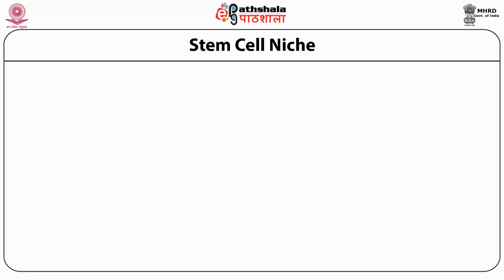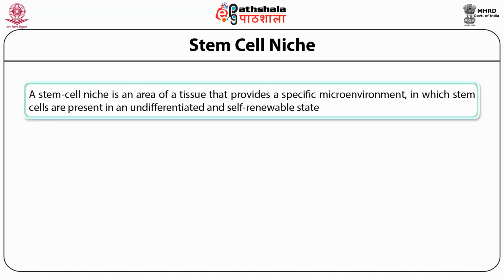One important concept both in stem cells as well as in cancer stem cells is the concept of niche. So now let us understand what is meant by a stem cell niche. A stem cell niche is actually an area within the tissue that provides a particular microenvironment. This microenvironment in turn is dictated by the presence of the various cytokines or chemokines existing in the milieu.